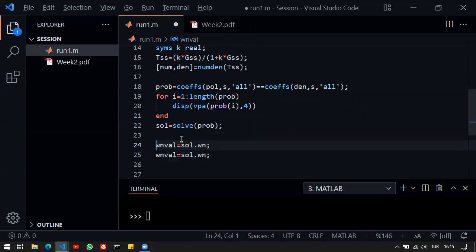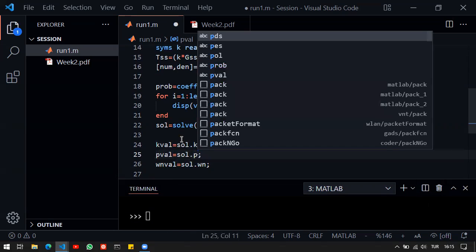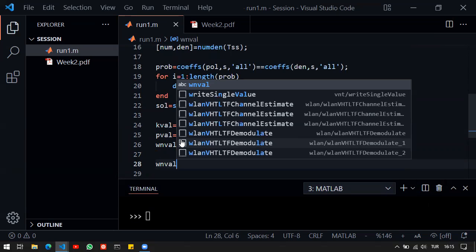So I'm using placeholders. I've talked about this. If I have a k value, I will call it k val because I want to preserve the symbolic variables here. So if I have p, I will define a new variable called p val, and so on and so forth. Now we have k val, or let's have omega n val.